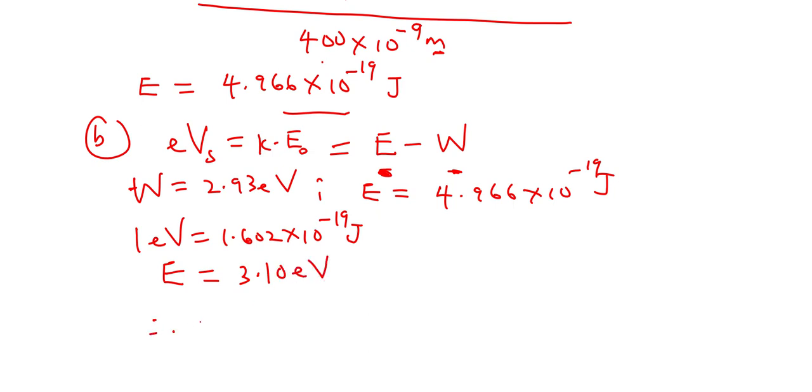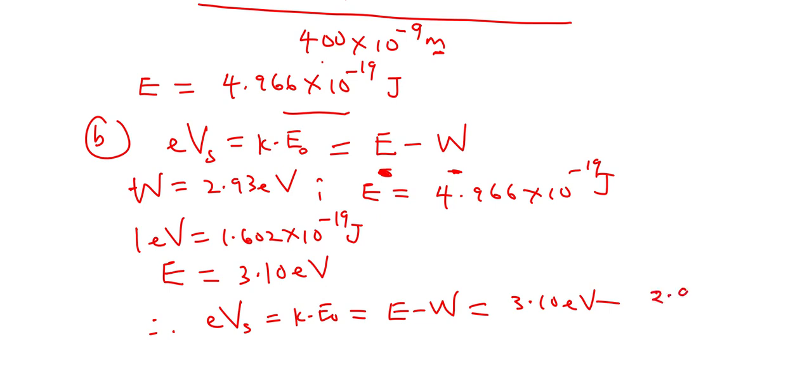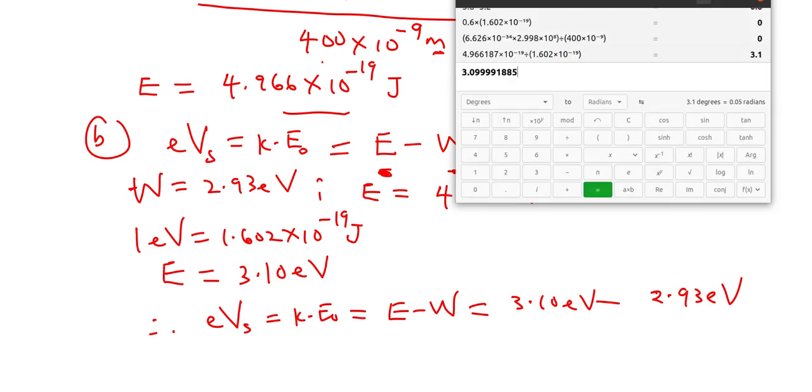Therefore the maximum kinetic energy, eVs, is E minus W, the work function. E is 3.10 electron volts and the work function is 2.93 electron volts. So 3.1 minus 2.93.